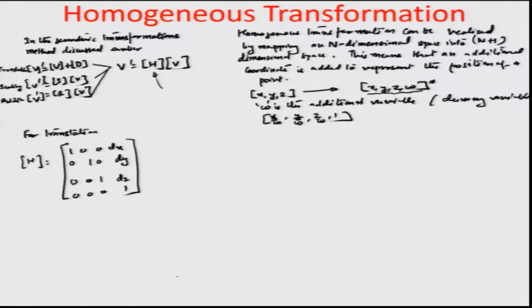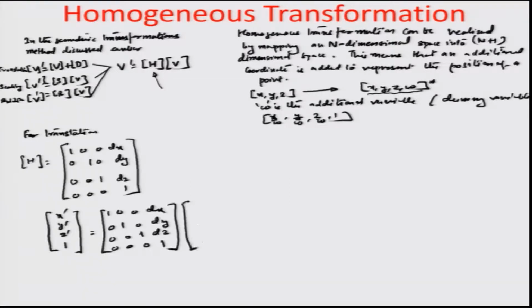Let us see if this transformation happens. Let us represent the addition of the translation. Let us say a set of coordinates x dash, y dash, z dash and 1, the dummy coordinate, is generated through multiplying the H matrix that we have just formulated with the set x, y, z, 1.